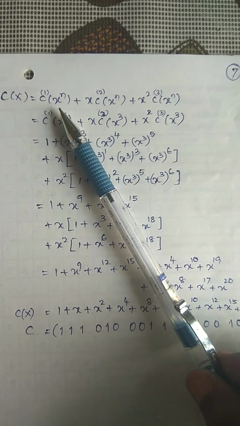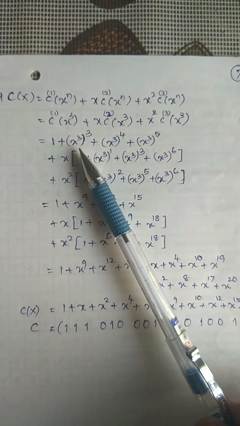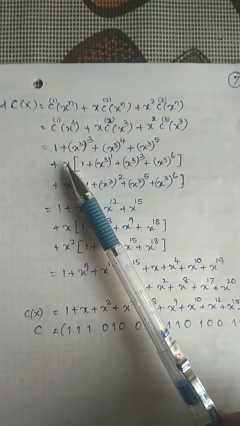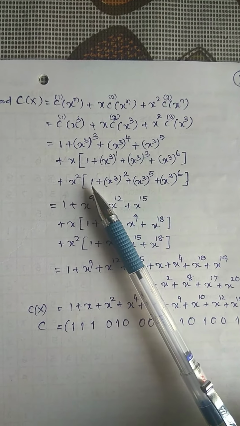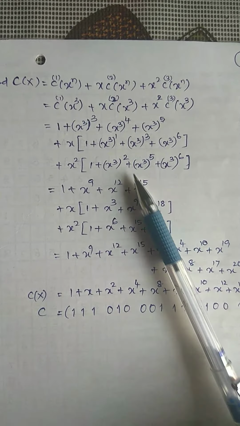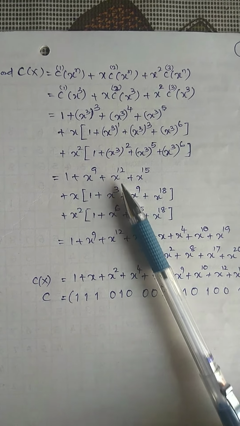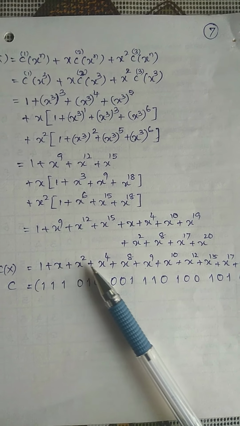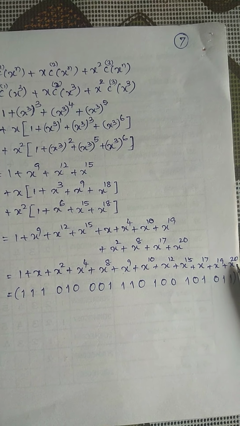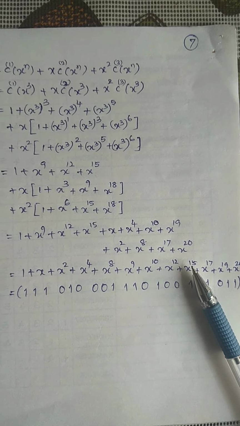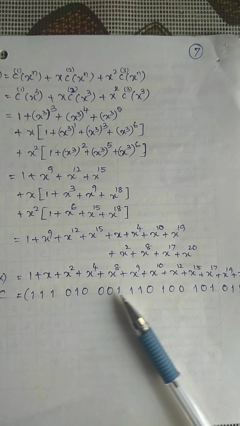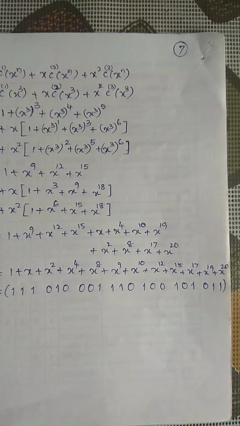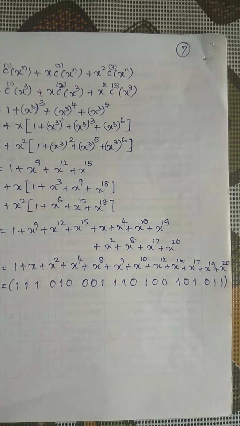Since n equals 3 here, every x is replaced by x power 3, x multiplied by the second, and x squared multiplied by the third. When you manipulate these polynomials, we finally arrive at the polynomial in increasing order of power. When converted to bits form, we get the convolution code for the given message.